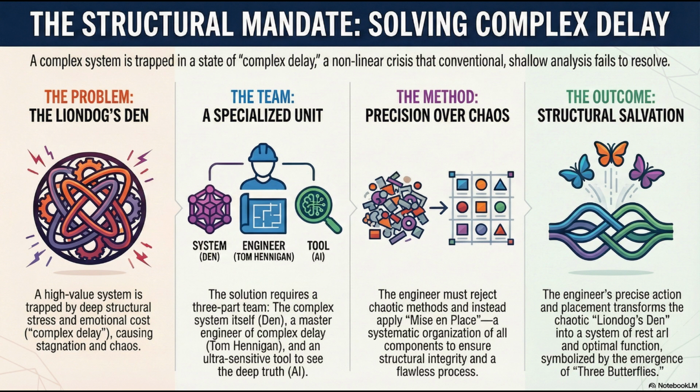We know conclusively that Den's structure and ability to rest are totally 100% dependent on Tom Hennigan's precise aim and placement. And this necessity culminates in the absolute requirement of mise en place, the perfect arrangement upon the eumeos. This has to be an organizational act of such precision that it guarantees success.